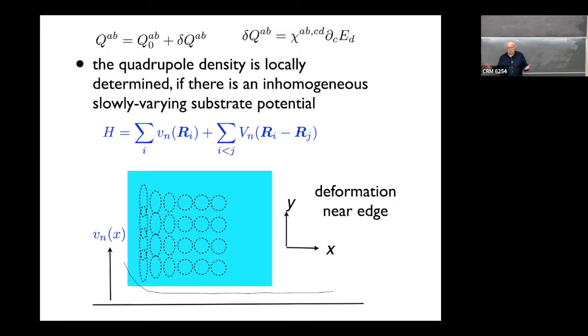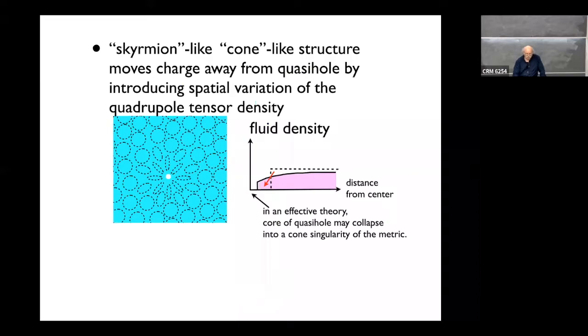So actually, near the edge of a system, the quadrupole field will be distorted away from the one it likes in the clean bulk, and it'll align itself along the directions of differential flow at the edge of the system to conform to the curvature of the potential at the edge, which is the gradient of the electric field.